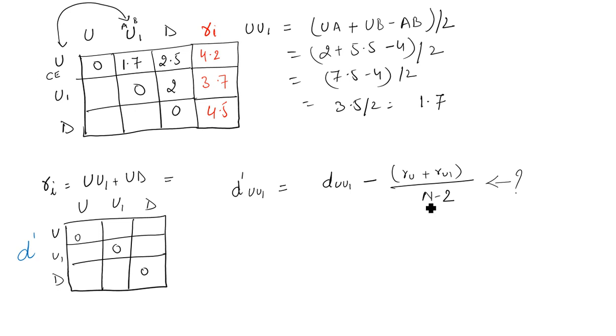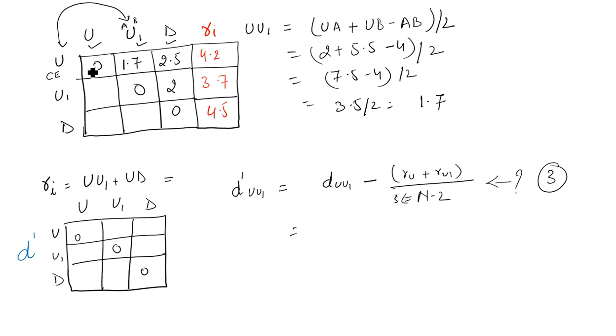Now the n value will become 3. Why? It is u, u1 and d. Only 3 nodes are left. So let it be n minus 2 for your sake, and you can write here 3.